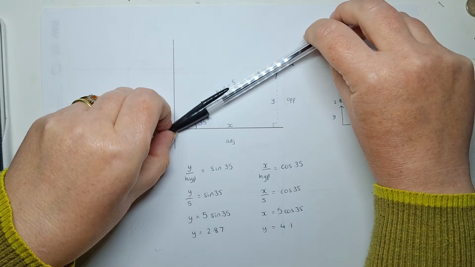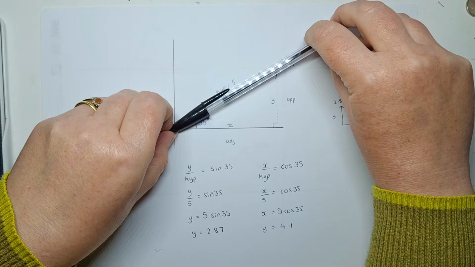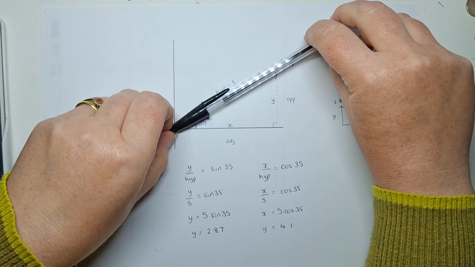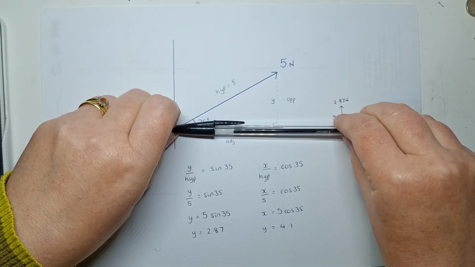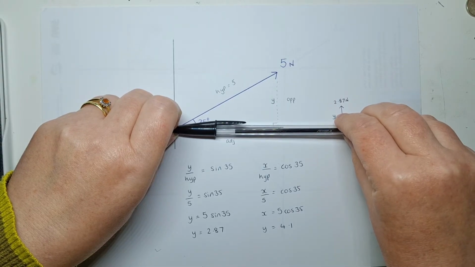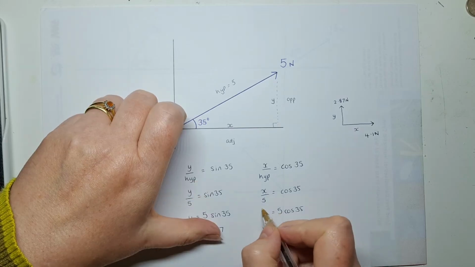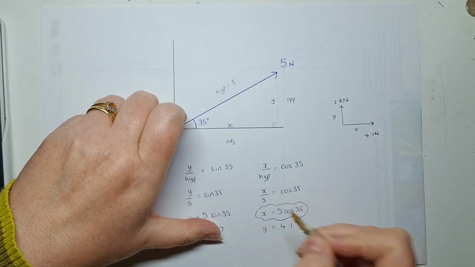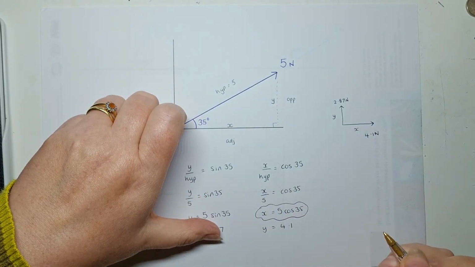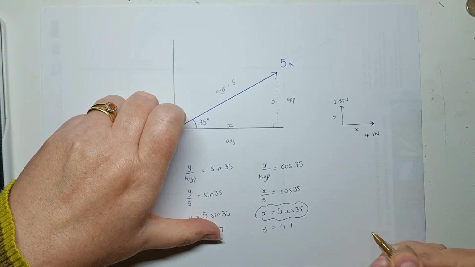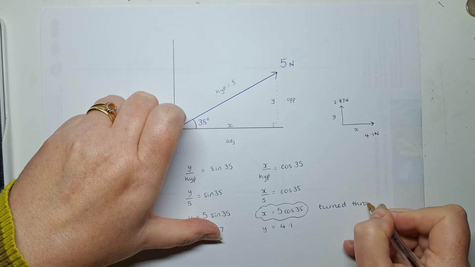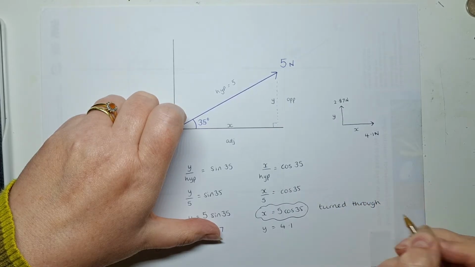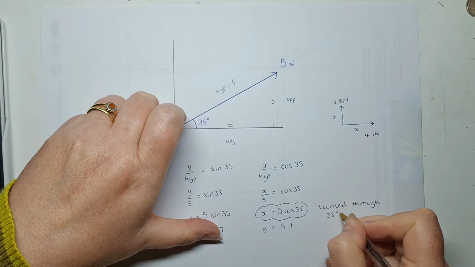So if you are going to take your arrow and twist it through 35 degrees, you're going to land on the adjacent, which basically means that you can write down x is 5 cos 35 because you've turned through the 35 degrees. It will be more clear as I show you a few more examples.